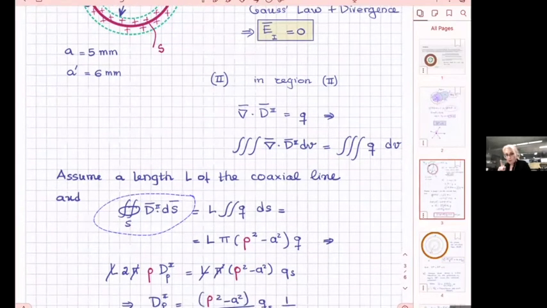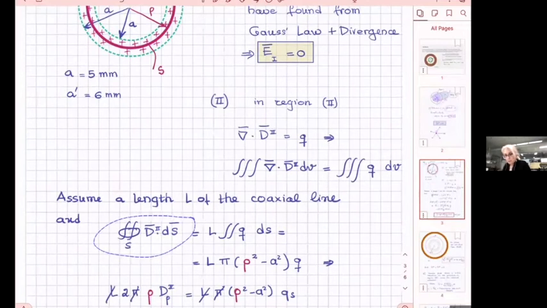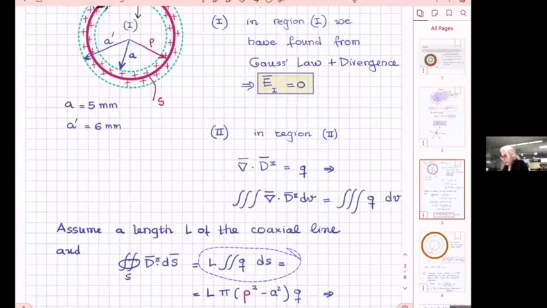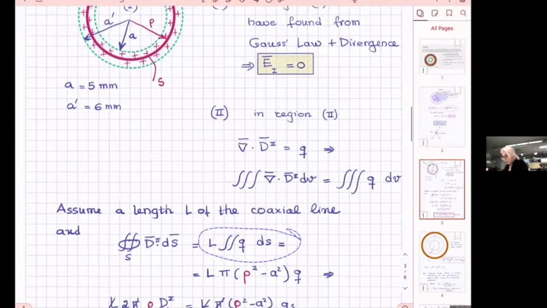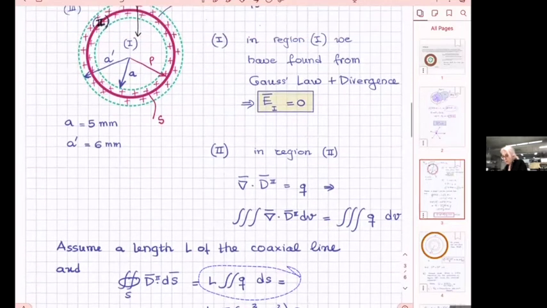There is a difference, however, here. The only difference from the previous one is on the right-hand side of the equation. The right-hand side, before it was 0, but now it's not 0 because we have a charge. And when I integrate on the volume, this volume has partly charge that is cylindrically symmetric. So the charge there is going to be exactly the charge density times the volume that I have now defined.